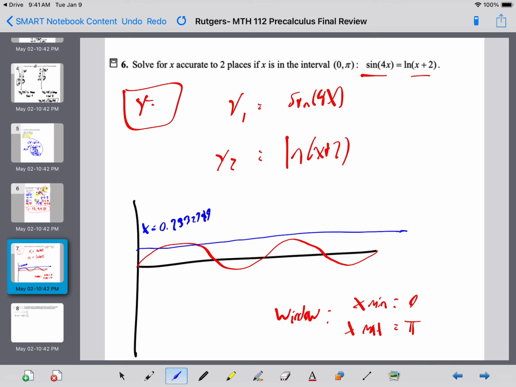I'm going to check this second one, see if there's a second one. Second trace, intersect, scroll to the right, near where I think it might be, enter, enter, enter. And that one is x equals 0.4965717.